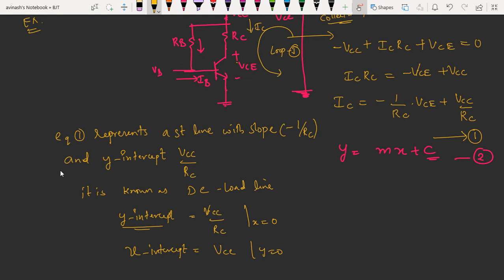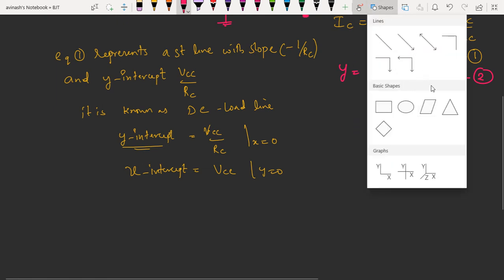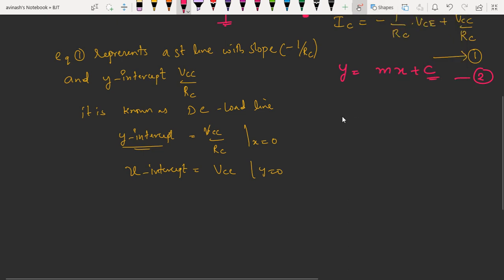So if you plot this in a graph, if you plot the graph between IC versus VCE, so this is the VCE versus IC.